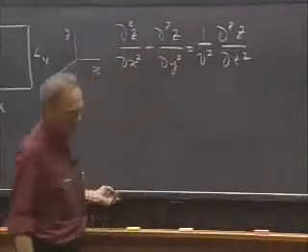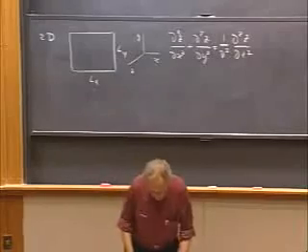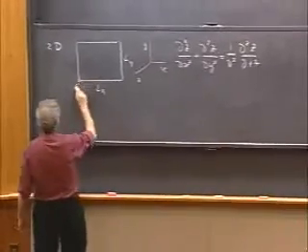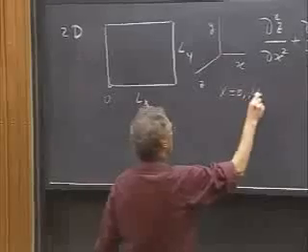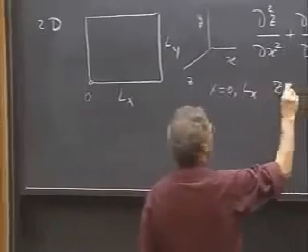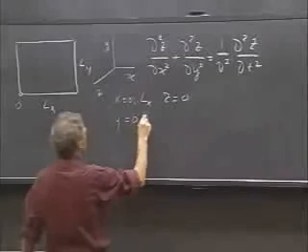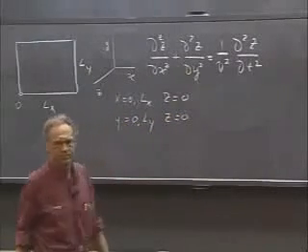That now is a two-dimensional wave equation. And when you put in your boundary conditions, which in this case, suppose we call this 0, so for x equals 0, and for x equals Lx, you want z to be 0, because the membrane cannot move, and for y equals 0, and for y equals Ly, you also want z to be 0.